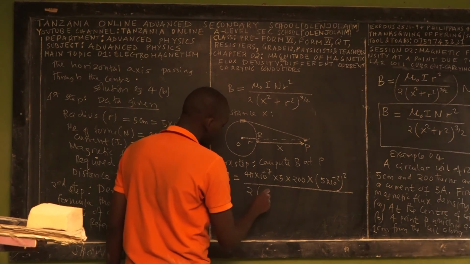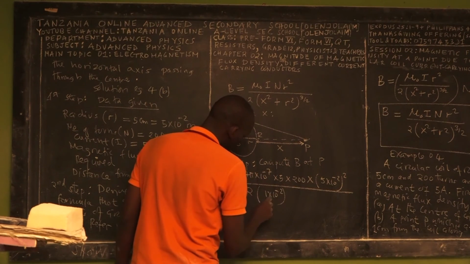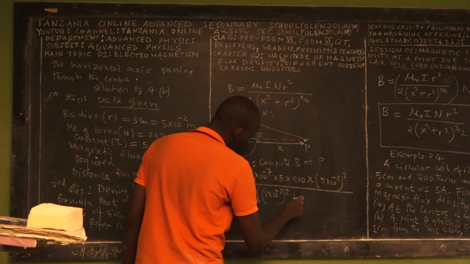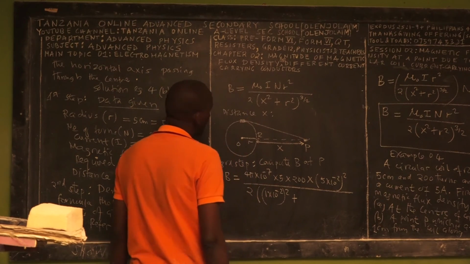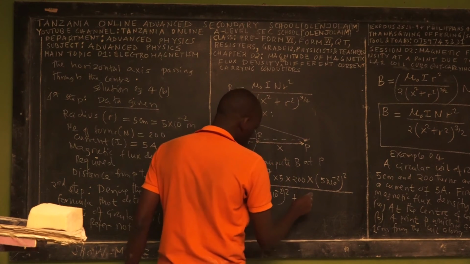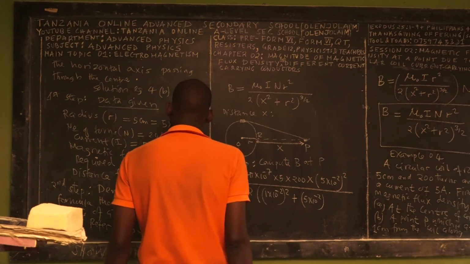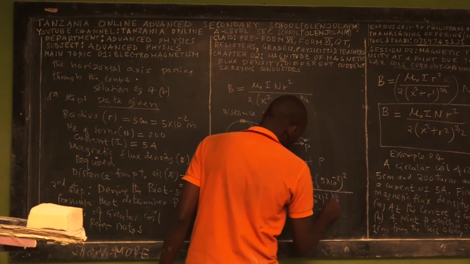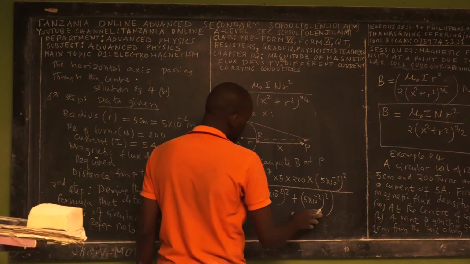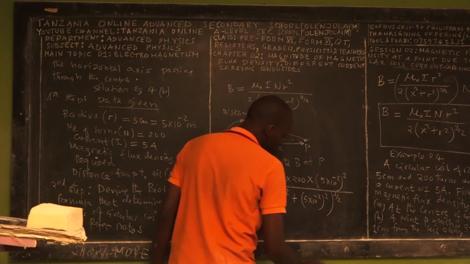What is X squared? X squared is 1 centimeter, so 1 times 10 to the negative 2, squared, plus R squared. What is the radius? Radius is 5 times 10 to the negative 2, squared. And then all of these expressions will be raised to the power 3 over 2.